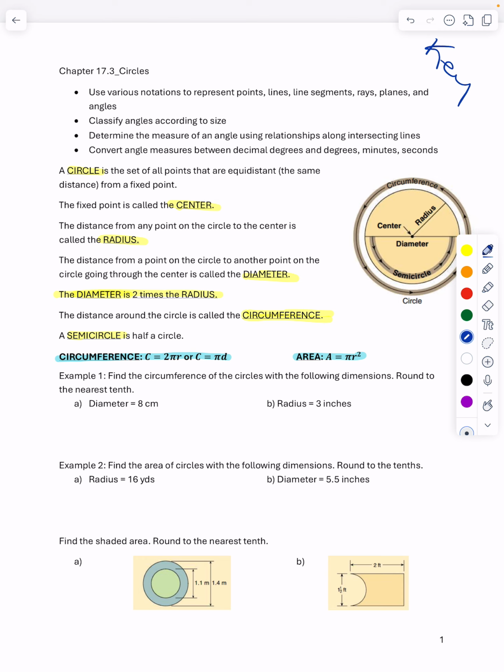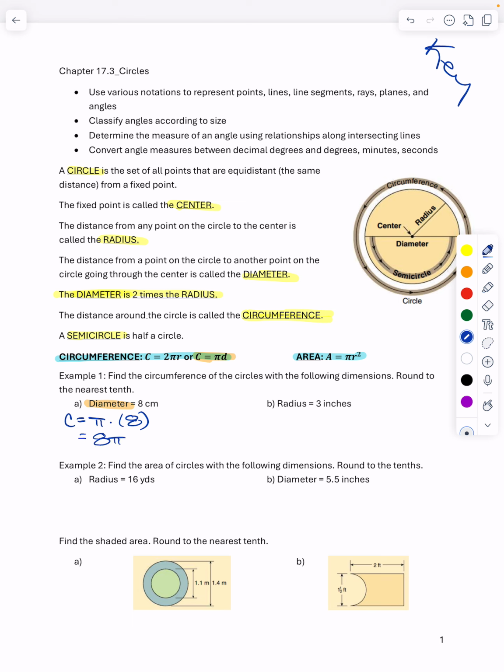Example 1 wants the circumference of the circle with the following dimensions. So circumference. In A, you are given the diameter. We are using the formula for circumference that uses diameter. Pi times, here it tells us the diameter is 8.